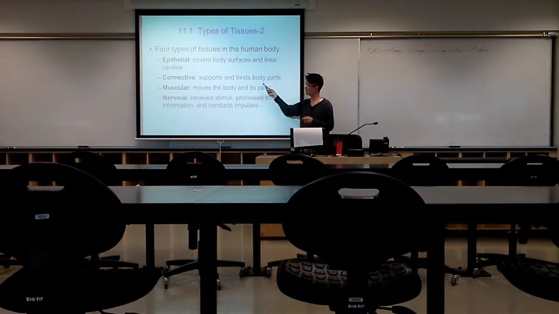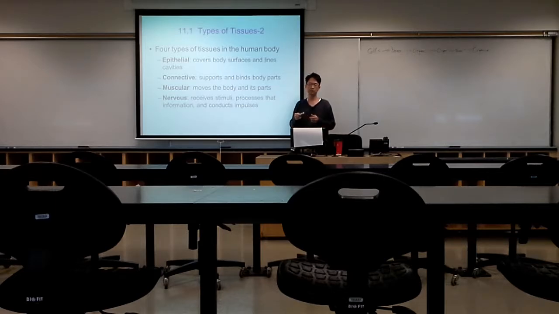Connective tissue, as the name suggests, binds the body parts together. That's why we call it connective. It connects different body parts. Muscular, well, is your muscle. We have three types of muscle. The muscle that we see normally on people's bodies is called skeletal muscle.